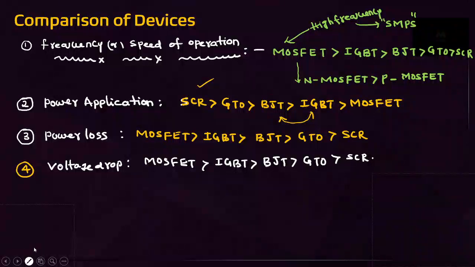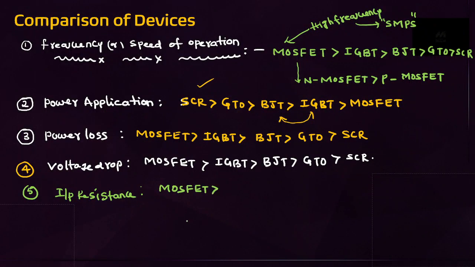One more comparison that you have to concentrate on is input impedance or input resistance. Which offers the highest input resistance? MOSFET offers the highest input resistance. In MOSFET, which has the highest input resistance, friends? P MOSFET is greater than N MOSFET with respect to input resistance.